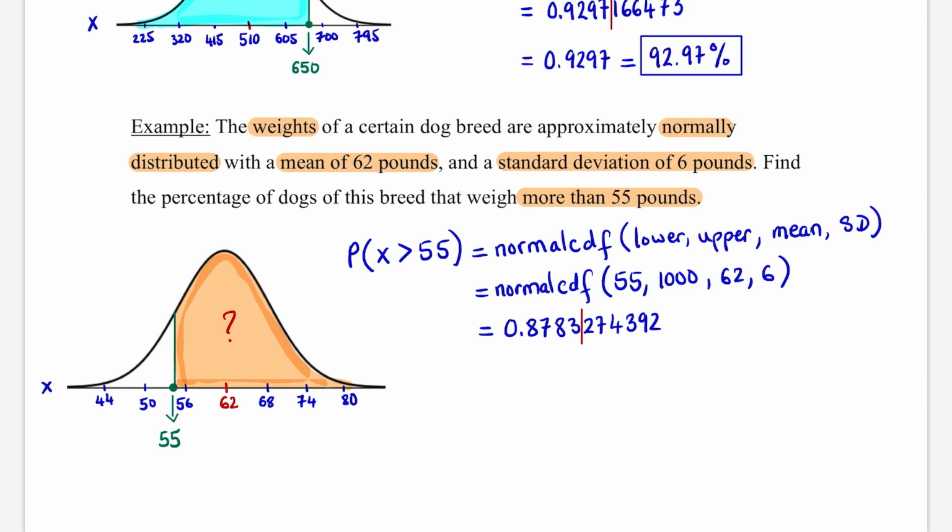We do not always round to 4 decimal places, so always read the instruction. This digit is 2, so I'm going to round down to 0.8783.